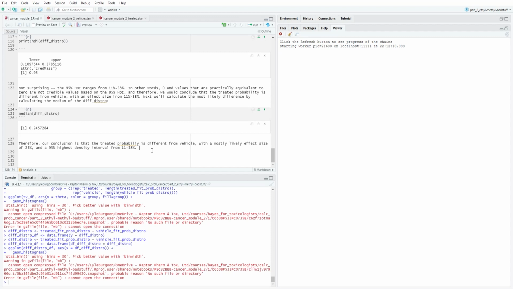So, it's not a small amount of uncertainty, we got quite a bit of uncertainty here. Even given that, I'm pretty confident that yes, at this high dose, we probably are actually seeing a difference in tumor probabilities.